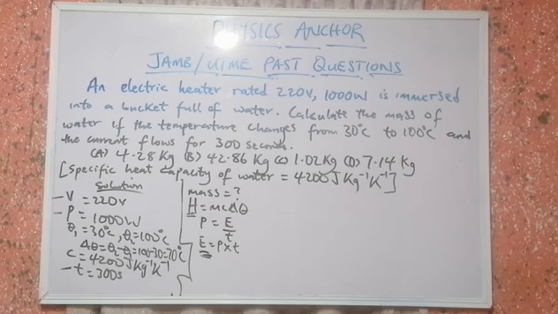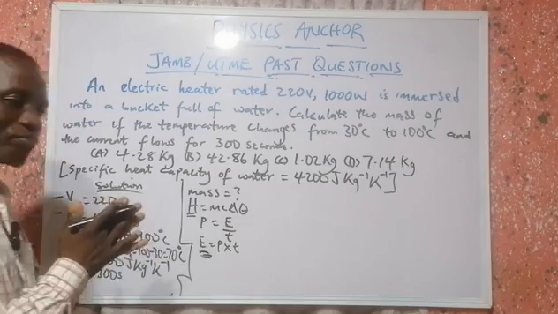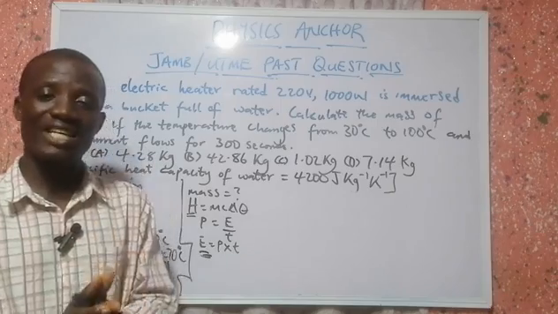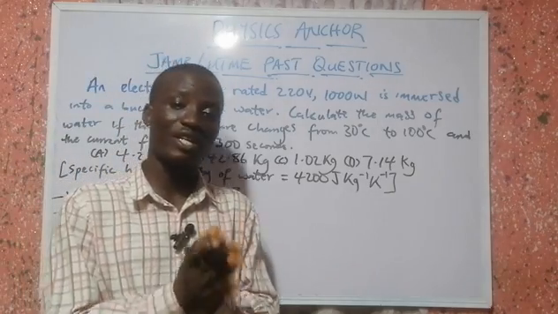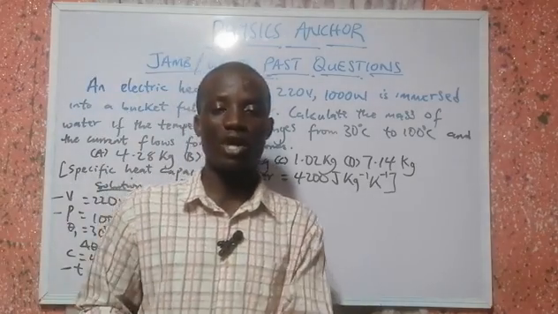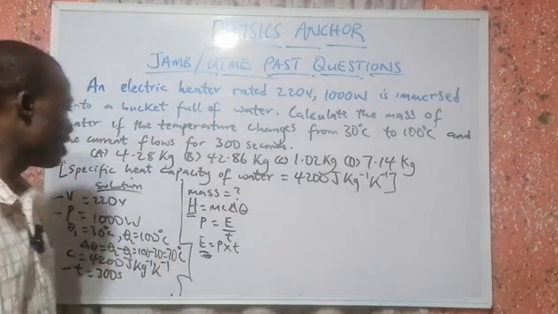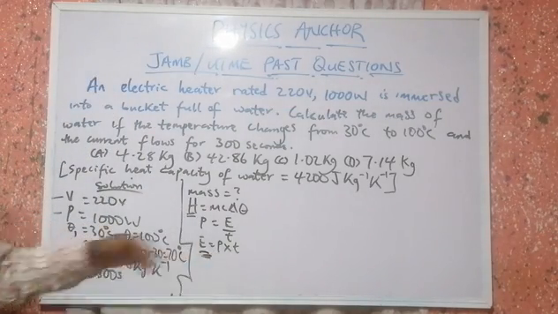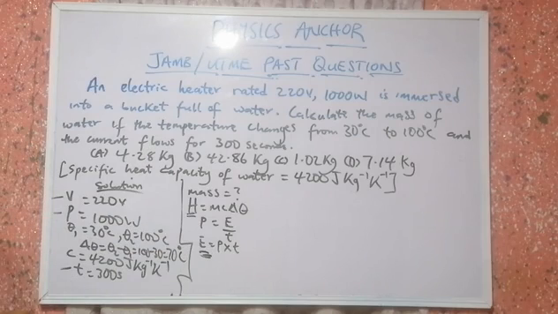What we need to recall here is that in the conservation law of energy, we learn that energy cannot be created nor destroyed, but can be changed from one form to another. In other words, the heat energy here can be compared with the energy that we also have here.